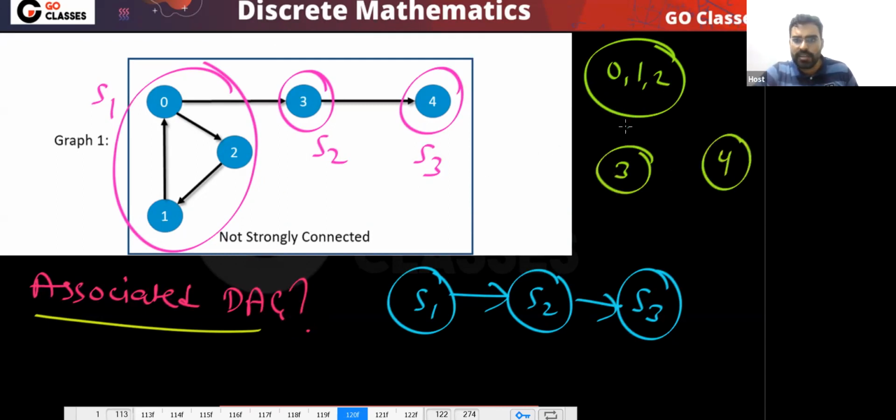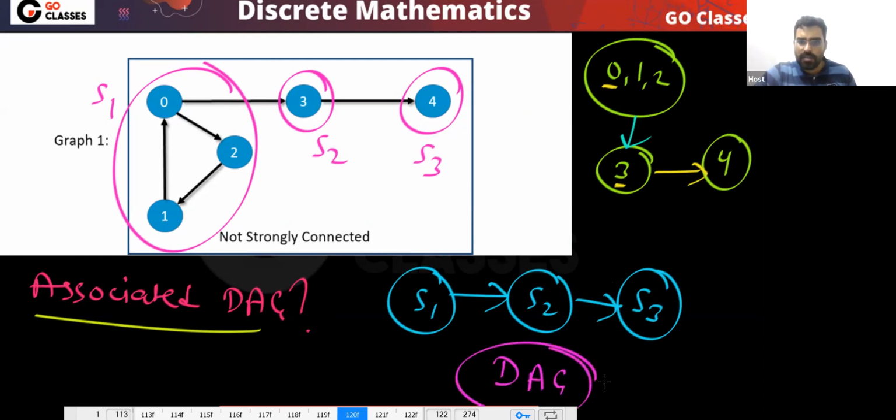Now there will be an edge from the first to 3 because of 0 to 3, and from 3 to 4 there is an edge. You can notice this is a directed acyclic graph. There is no cycle.